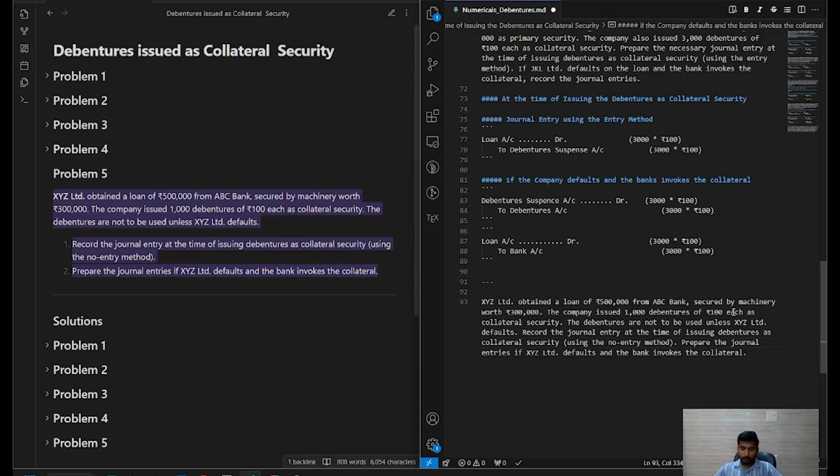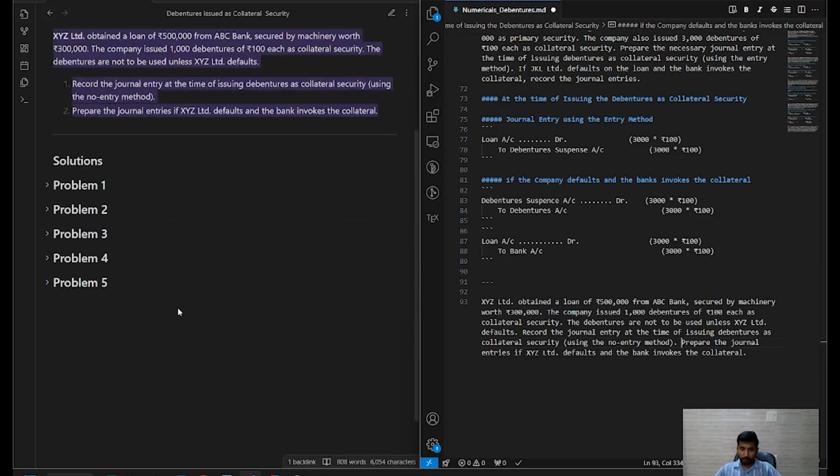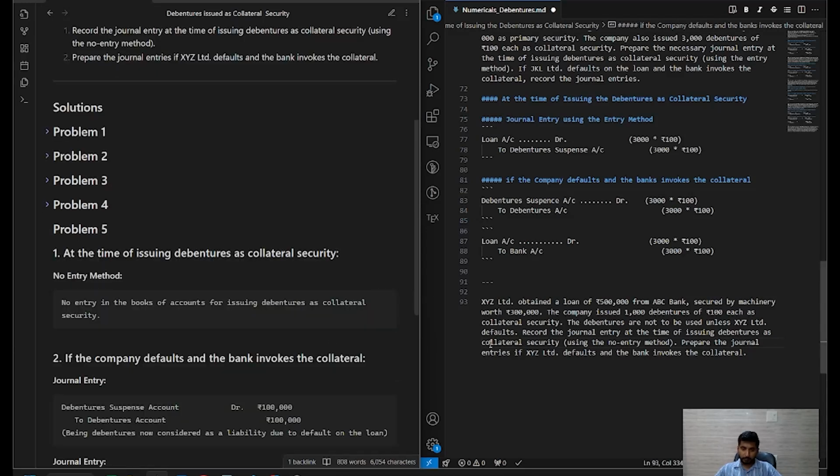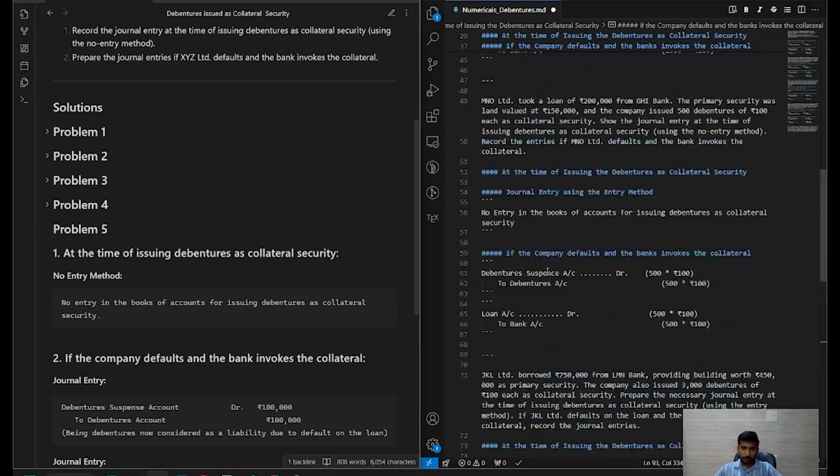The company issued 1,000 debentures of rupees 100 each as the collateral security. The debentures are not to be used unless XYZ Limited defaults. Record the journal entry at the time of issuing the debentures as collateral security using the no entry method. Prepare the journal entries of XYZ Limited if the company defaults and the bank invokes the collateral.